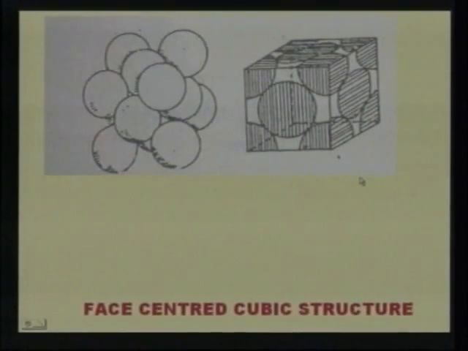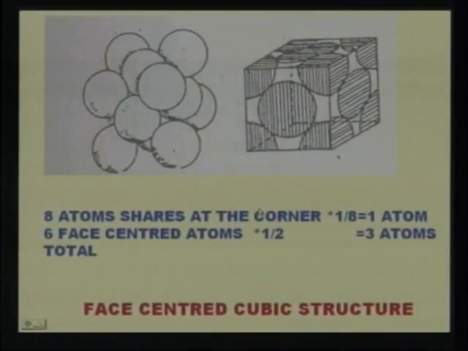Now let us see the effective number of atoms in the face centered cubic structure. Now you see the diagram, the atoms are arranged on the faces of the cube and also in the corners of the cube. Now this part is 1/8 of an atom.